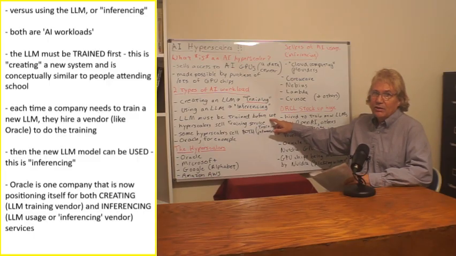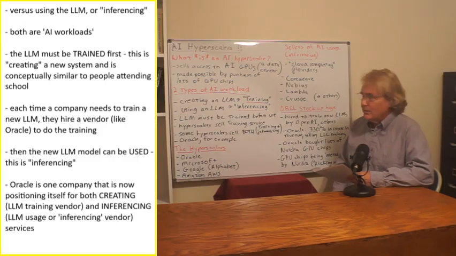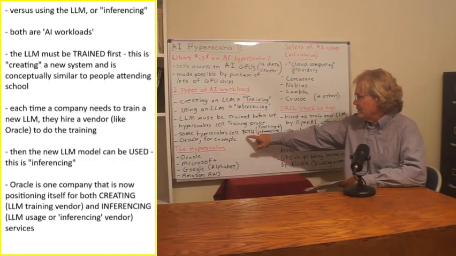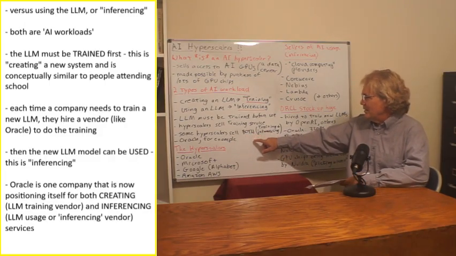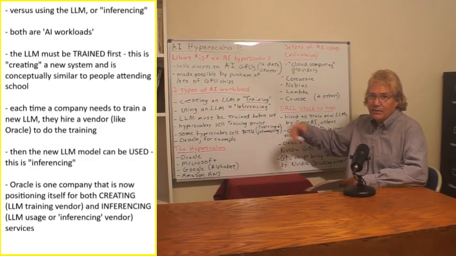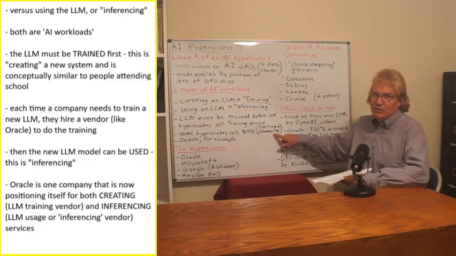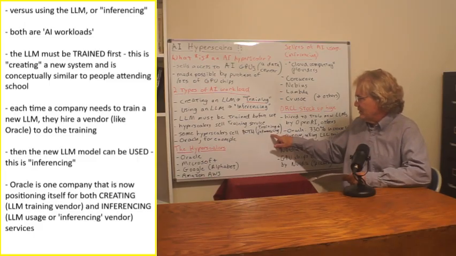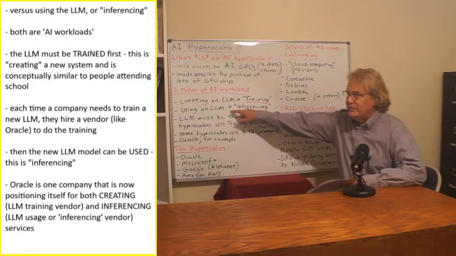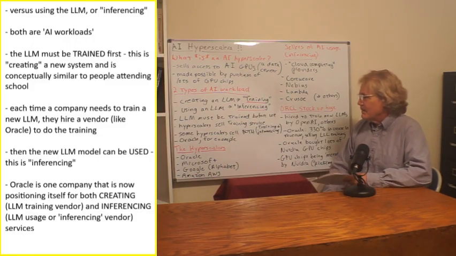They sell training services for people who need to train large language models. Some hyperscaler companies are involved in both parts of artificial intelligence, both the training of the large language model system and selling use of the trained system, inferencing. Inferencing is using the large language model. Training is creating it from scratch.